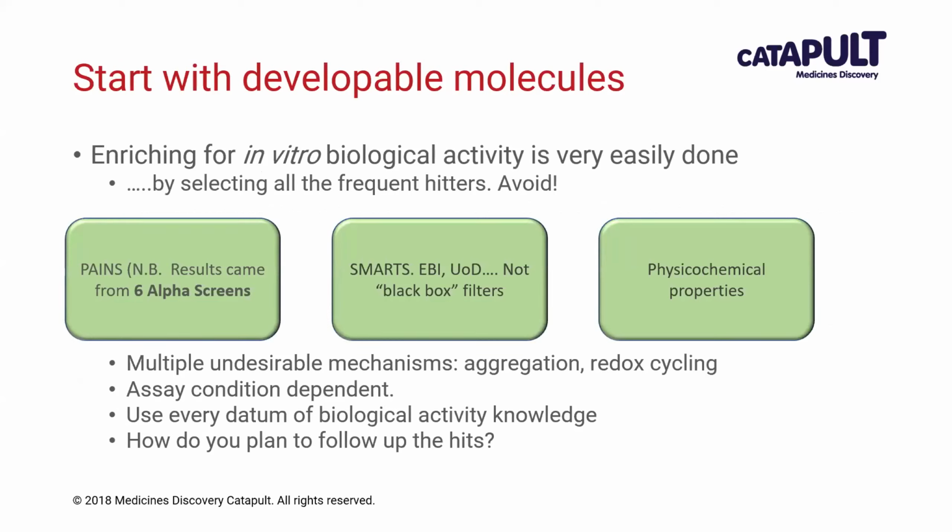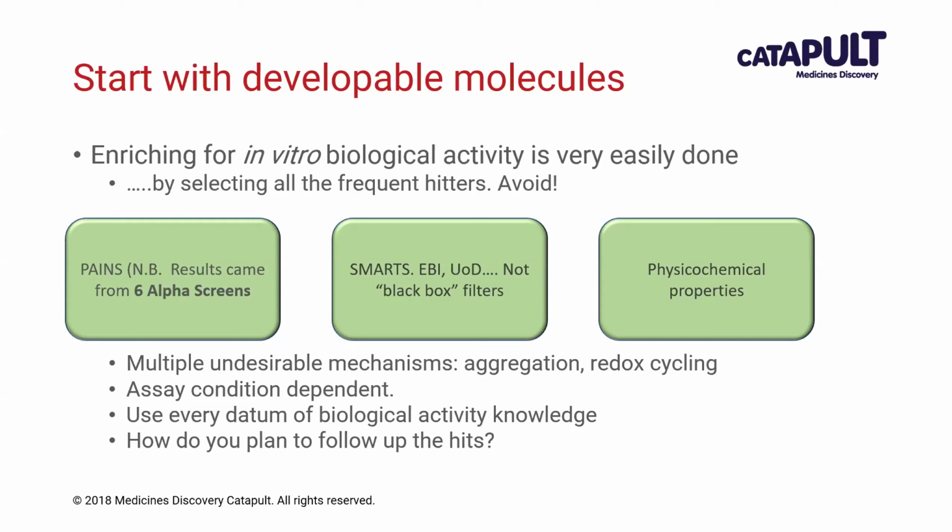So how do you begin to draw together these libraries? I think Trevor mentioned earlier the essential nature of starting with good molecules. There's no point in starting off with many molecules that are operating through a mode of action that will not be developable.